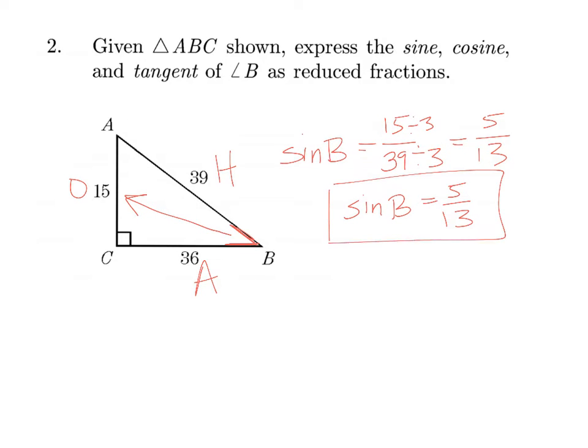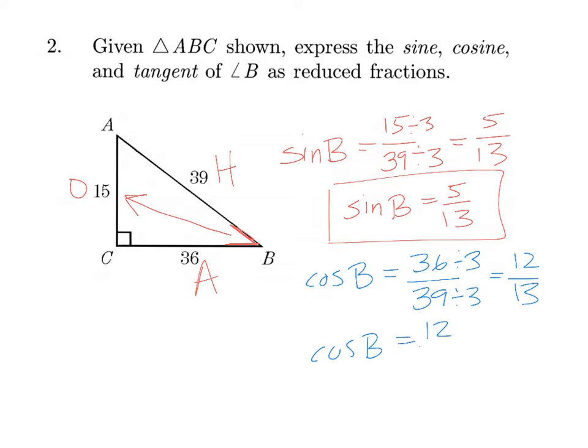Okay. For cosine, I have adjacent over hypotenuse. I can divide these by 3. Get 12 over 13. So cosine of B is 12 over 13.